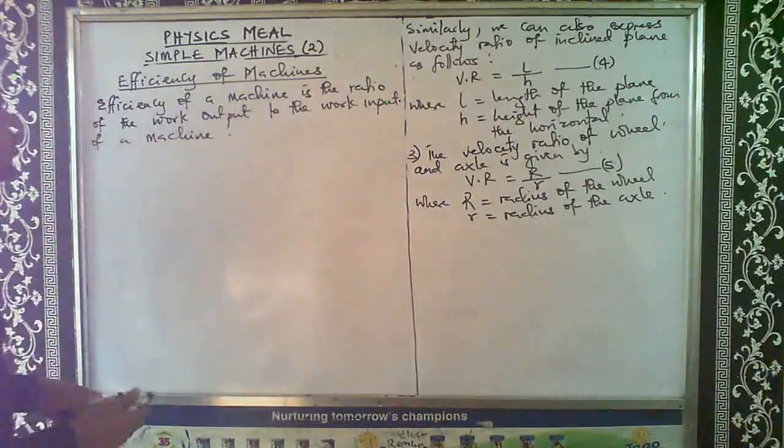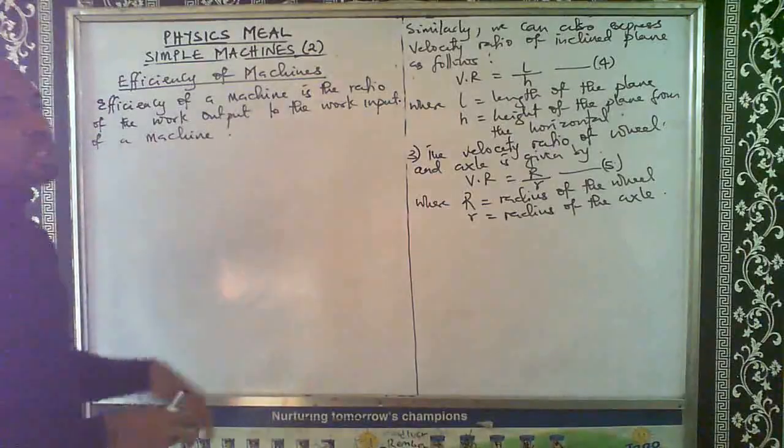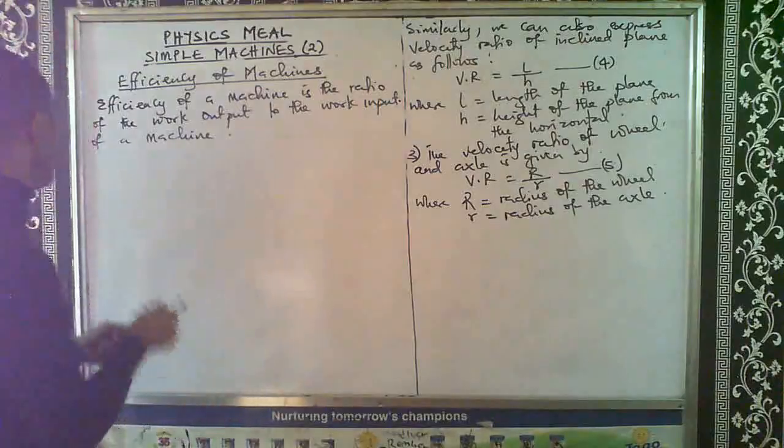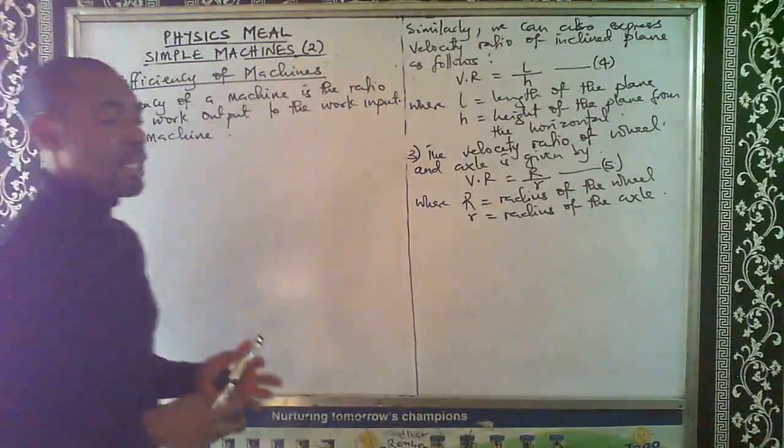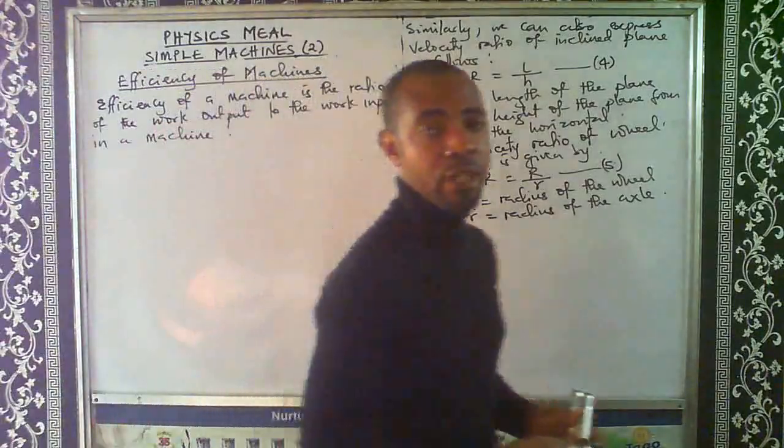So the ratio of the work output to the work input in a machine is known as what? The efficiency of that machine.